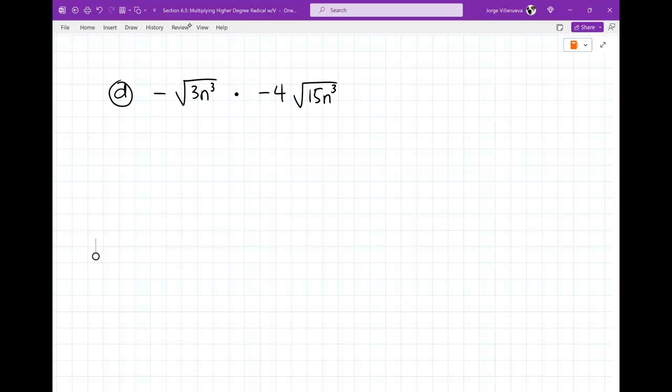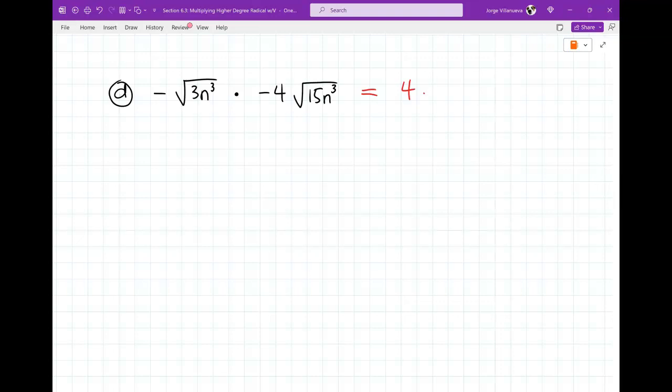But the numbers, if I can simplify, I'll still do those. Okay? But right here, the radical 3 on the first term, I can't do anything with it. And the radical 15, I can't do anything with that either because it's 1 and 15, it's 3 and 5, they don't have square roots, so can't do anything with it. Okay? So it is what it is. This is the way it looks. So let's go ahead and multiply. I have a negative 1 times a negative 4. So that's a positive 4.